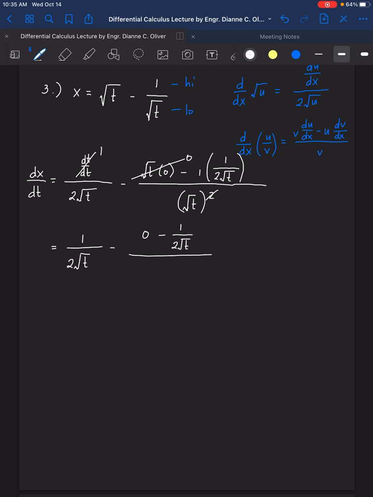So we will be cancelling the square root sign. Square root of t squared becomes only t.